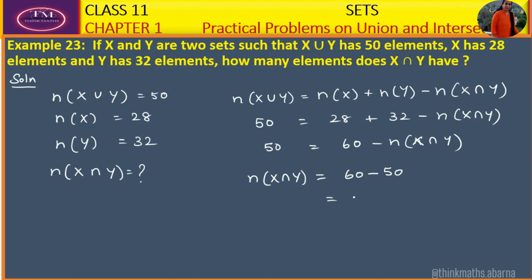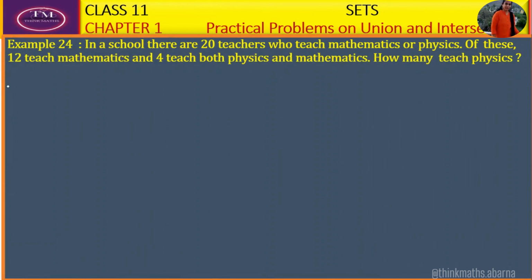So 60 minus 50 is 10. Therefore, the number of elements in x intersection y is 10. Okay, there are 10 elements common to x and y. Did you understand? So moving on to the next example.